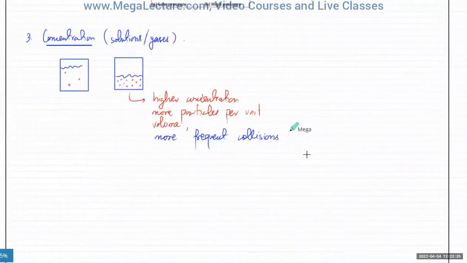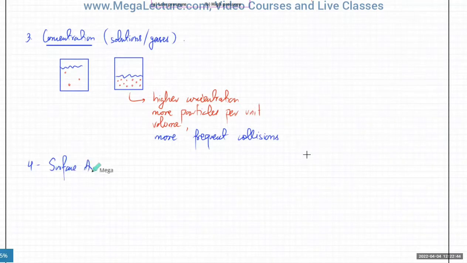Here you've got number 4, surface area. Smaller particles, smaller pieces have more surface area.